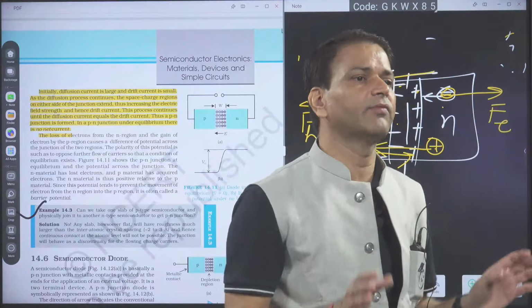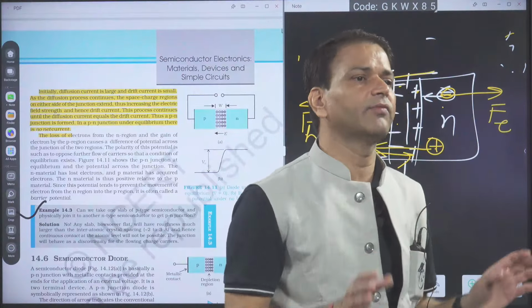So forward bias means what? We are connecting the P side at higher potential and the N side at lower potential. Here in P, holes are the majority, and in N, electrons are the majority.